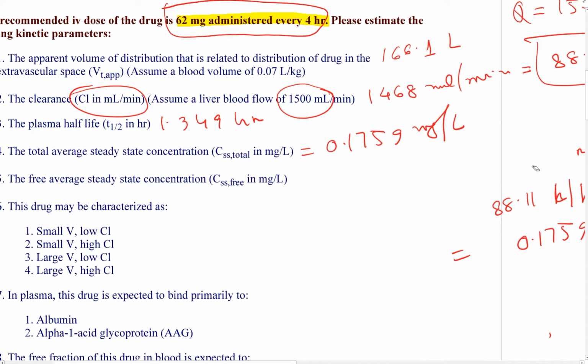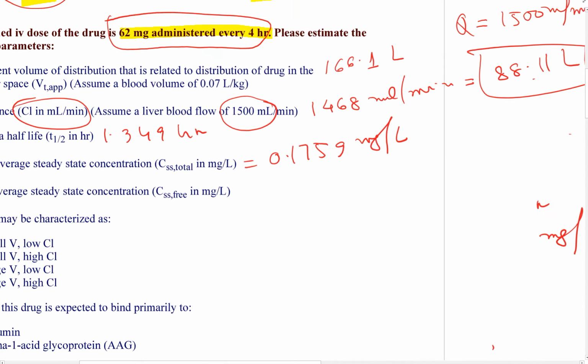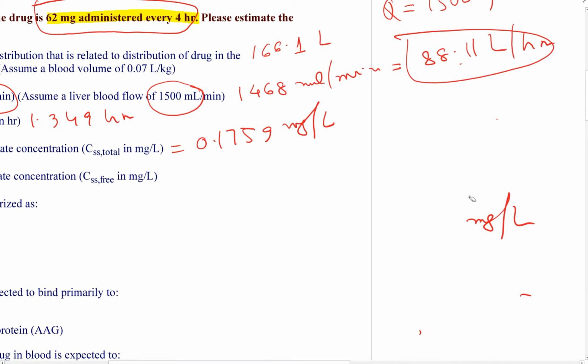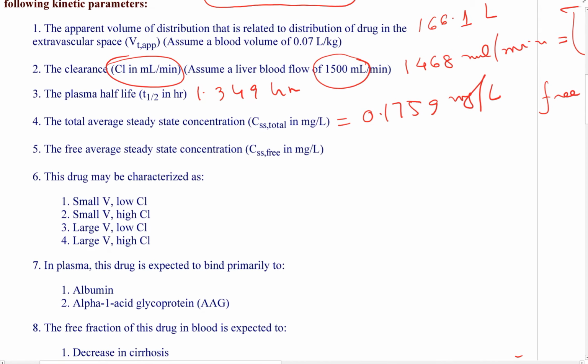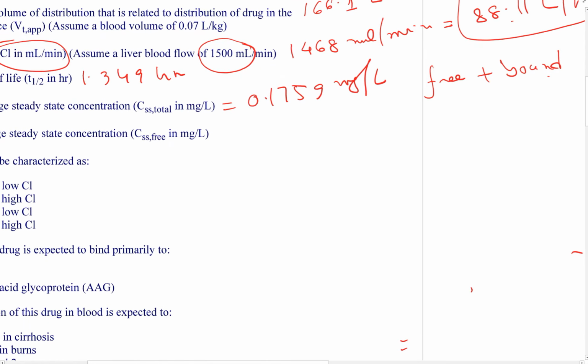So when we said this total means C average total, that means here we have free plus bound drug. Now the next question is asking for the average free steady state concentration. So this is easy.